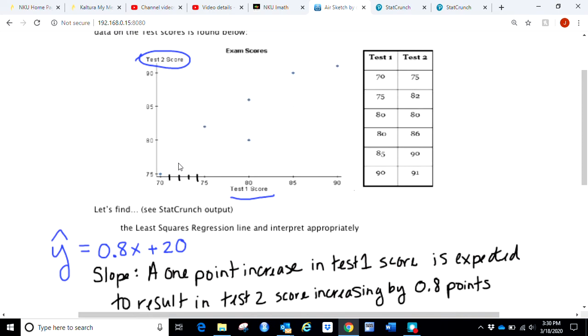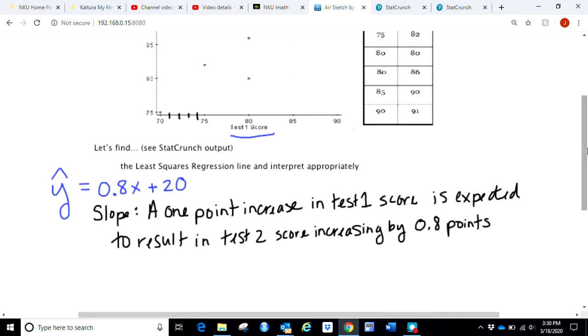Over 1, up 0.8. Over 1, up 0.8. So for each one of these little increases, it's telling me how much I'm going to go up for my test 2 score as well.